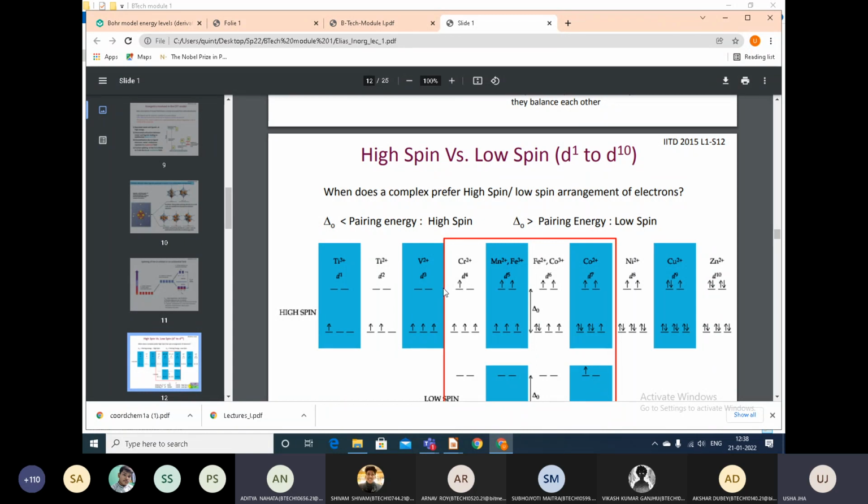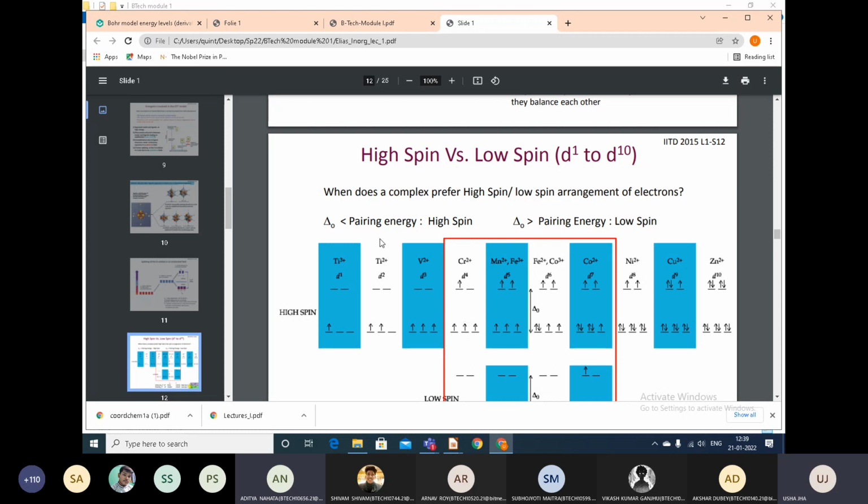If the energy difference is less here, the electron tends to occupy the eg orbital. Since we have unpaired electrons here, all are high spin complexes. Here delta O is less than the pairing energy. The condition is that the crystal field stabilization energy is less than the pairing energy. That is why the fourth one tends to occupy the eg orbital rather than pair up.